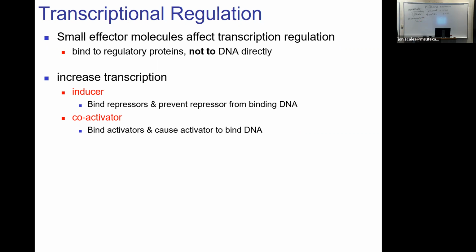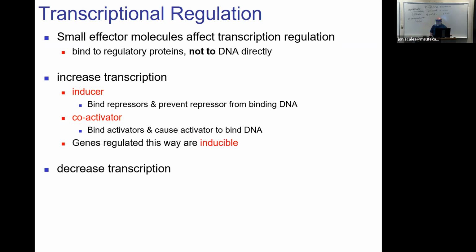So apo means it's a thing that needs something else to go with it and it doesn't have its other thing yet. So you have apo repressors and apo activators. A co-activator binds to an apo activator and activates it to be an activator. You got the idea though?